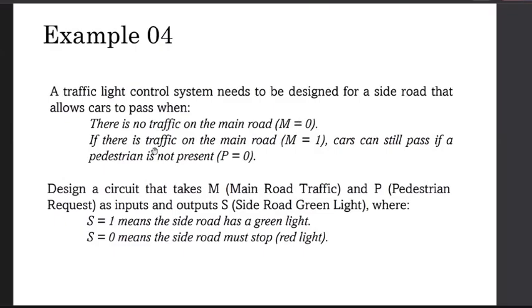If there is traffic, we write M equal to 1. They are called Boolean conditions. Cars can still pass if a pedestrian is not present. Now, you have to design a circuit which takes M, the main road traffic, and the pedestrian request, whether present or not, and you should have an output side road green light S, right?